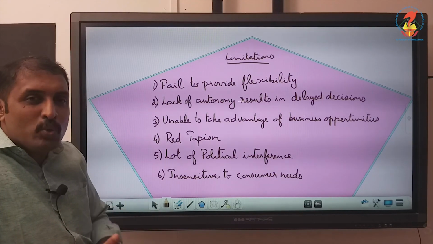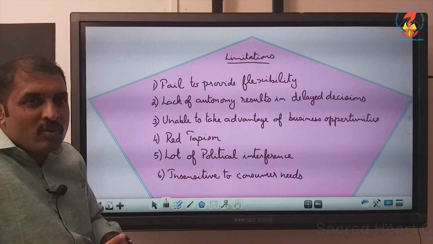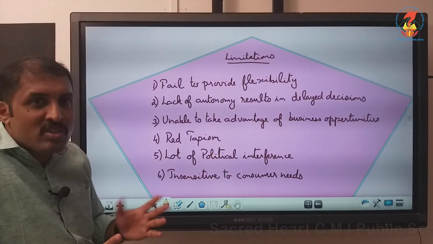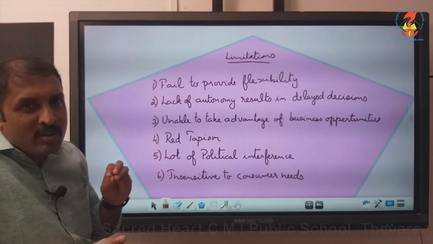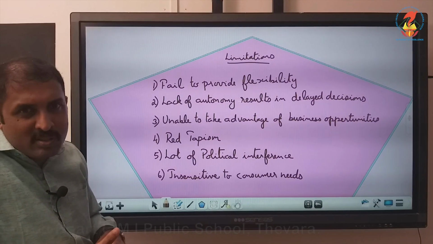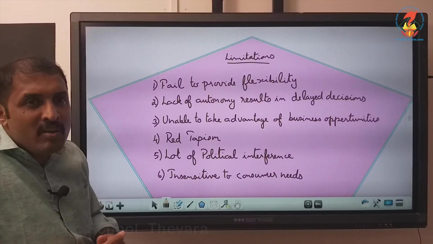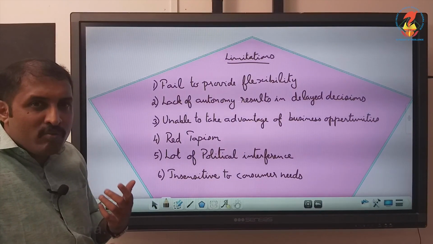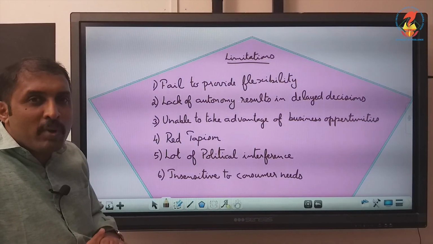They just do the things, and the result is that many times they are not what the consumer wants. Many times they are done only according to the interest of certain parties. They have no idea regarding what the consumer wants. So these are the meaning, features, merits and limitations of departmental undertaking.